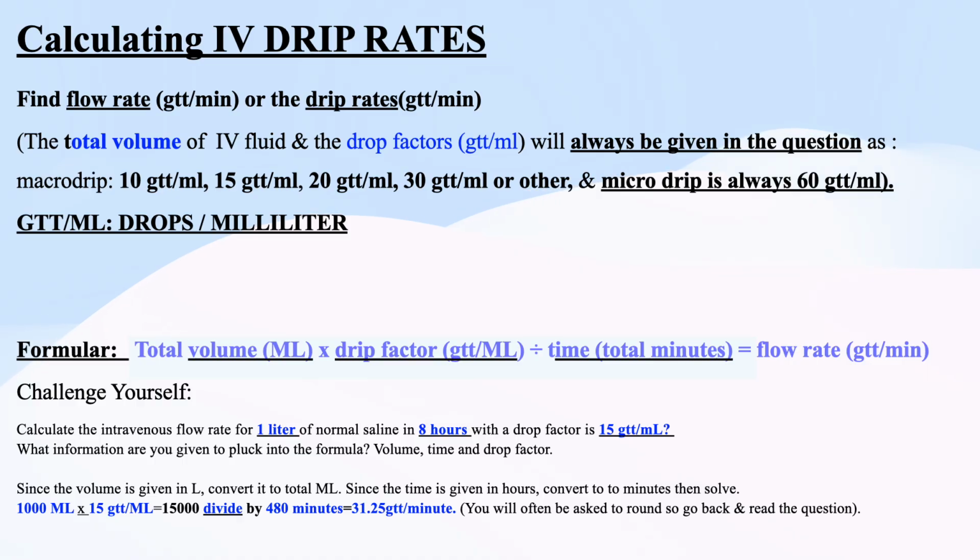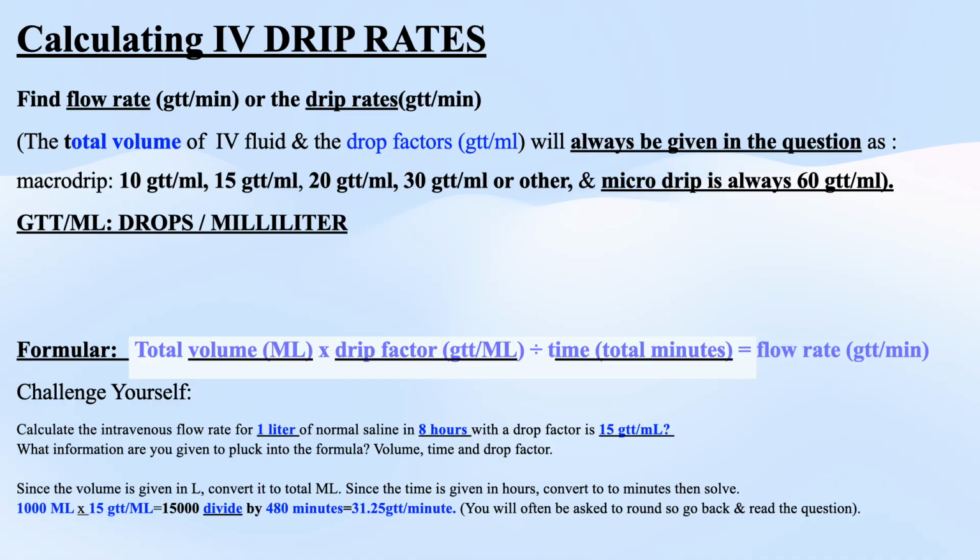If the unit in the question is drops per minute, which is GTT per minute, the formula is going to be the same. So don't get confused with whether they say drip rate or flow rate. Always pay attention to what information I have in the question and what unit I am solving for. When it comes to calculating drop rate in terms of drops per minute, GTT per minute, you will always be given the volume of the fluid that you need to factor into your calculation.